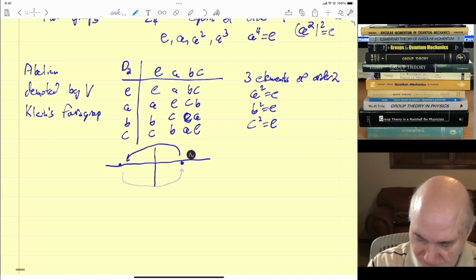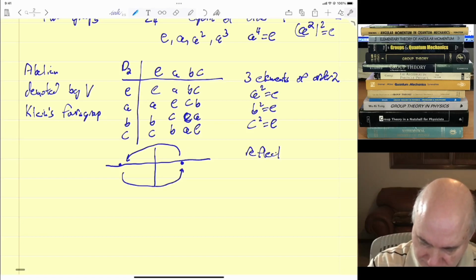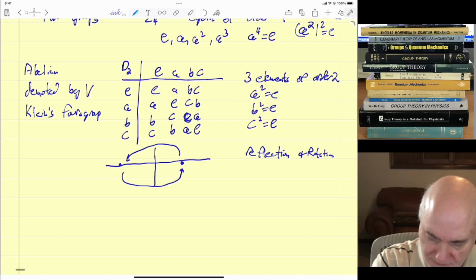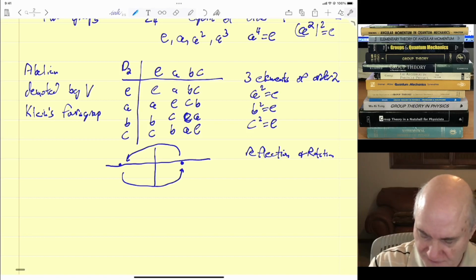So that's two symmetries in this group, reflection and rotation. It's pretty trivial for this group, but when we get to D6, and we denote these by the number of elements times 2, when we get to the next dihedral group, you'll see that it's less trivial.